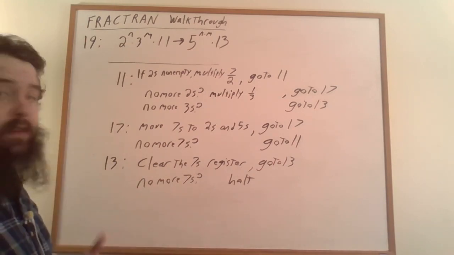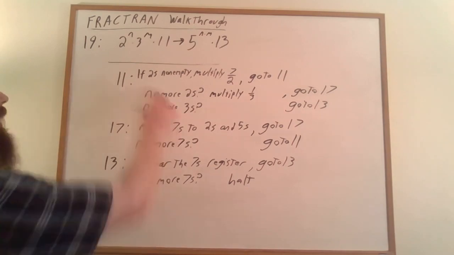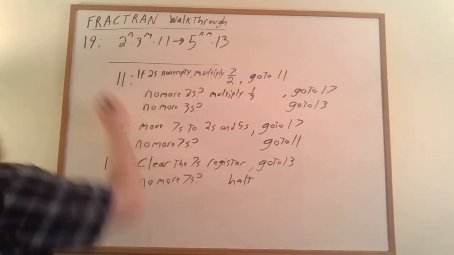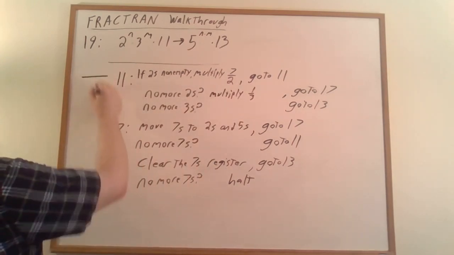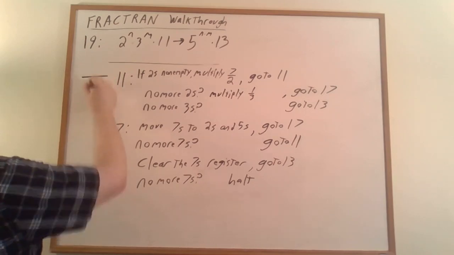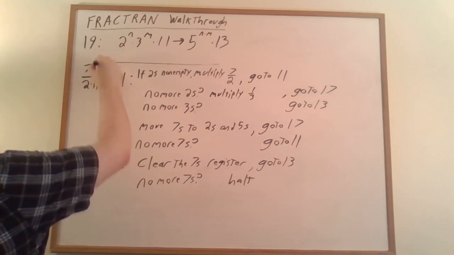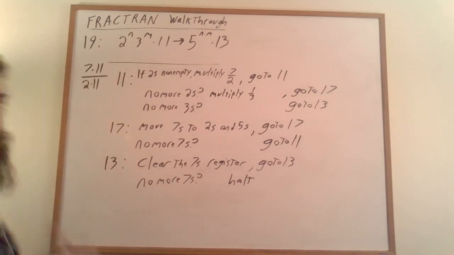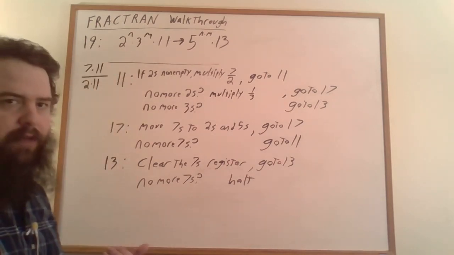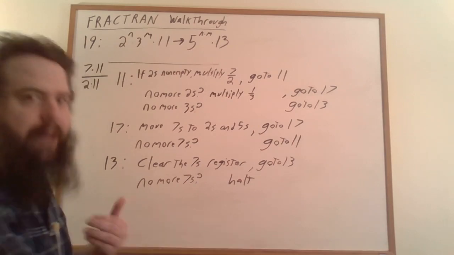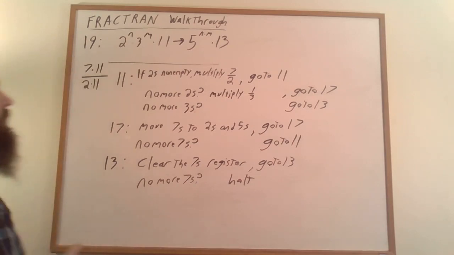So what this is going to look like in terms of fractions, this first one is going to look like, well, if we're in state 11, we want to multiply by 7/2, and we want to put that 11 back. So it's going to look like this fraction, and again, this is in FRACTRAN++. We're going to compile it into ordinary FRACTRAN.